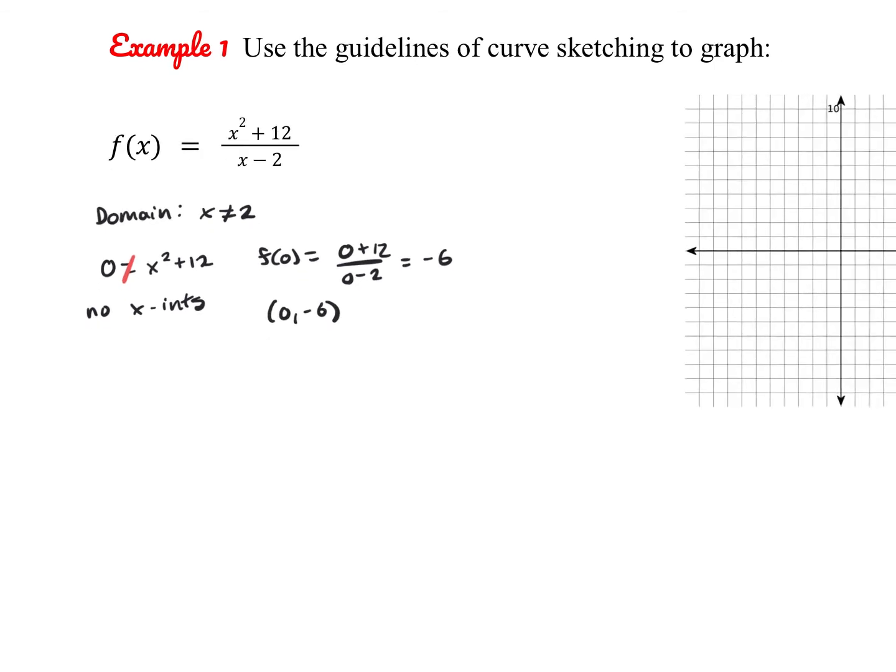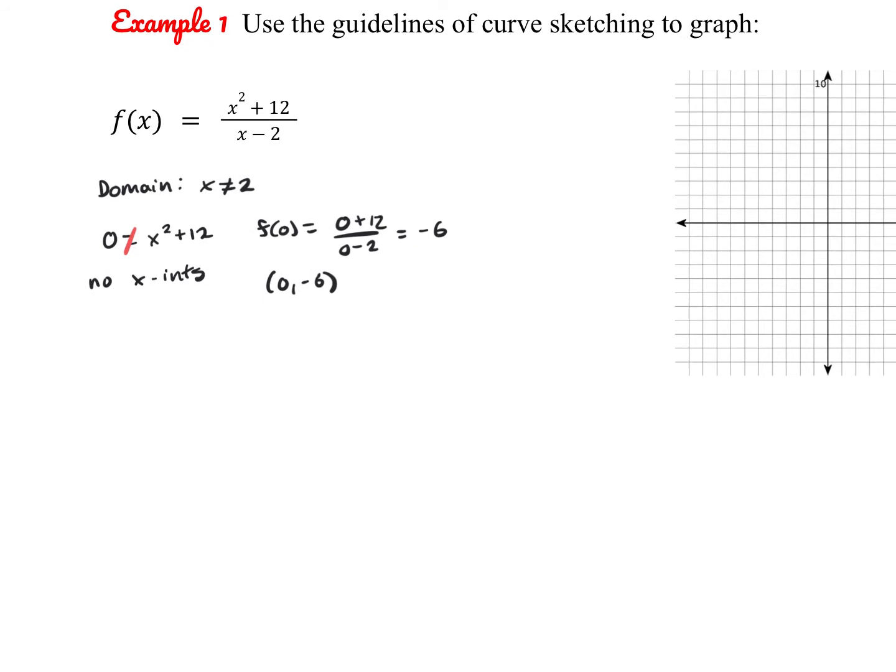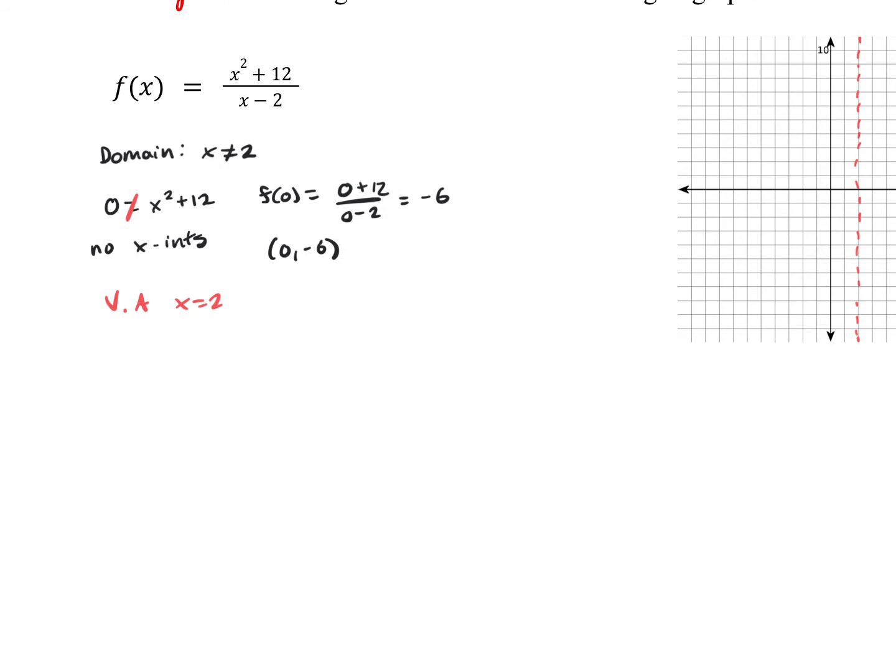The next thing we would want to look at, because it is, again, a rational function, what asymptotes we have, if any. So I can see here, remember we do have that vertical asymptote at x equals 2. So we can sketch that into our graph, but we are going to want to know what our graph does as it approaches that asymptote. So we're going to take the limit as x approaches positive 2 from the left and the right.